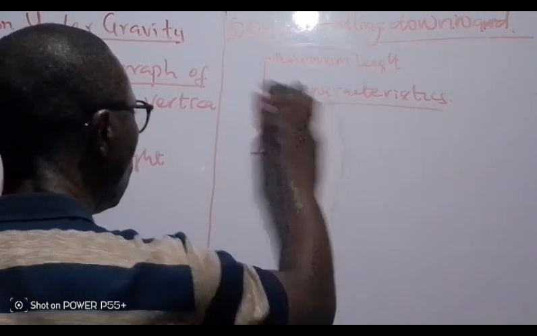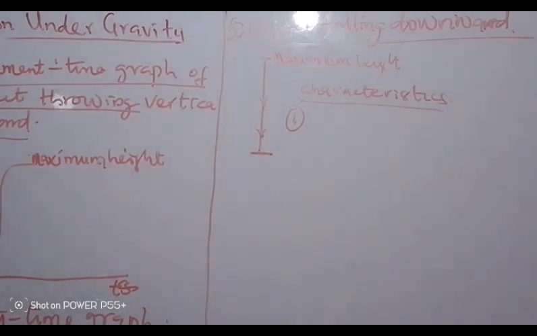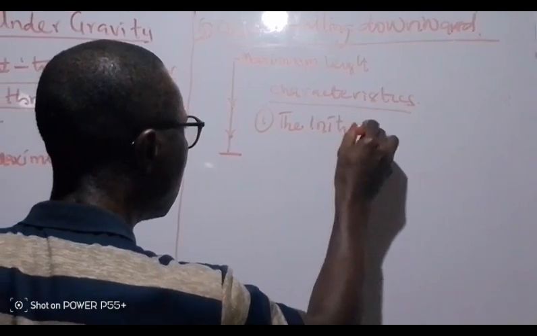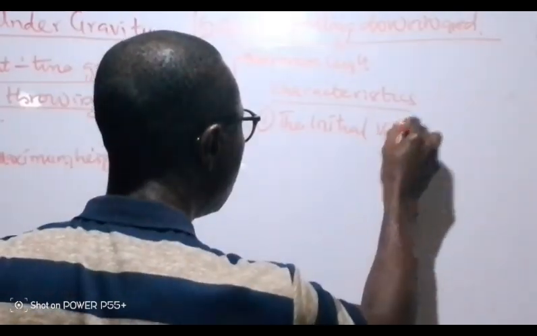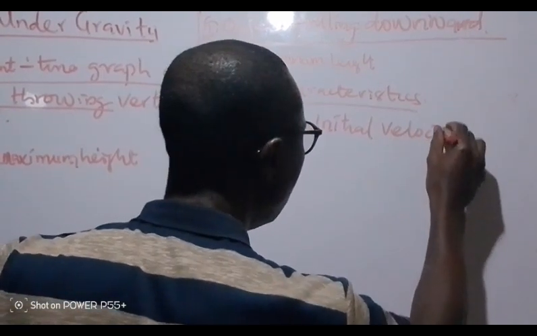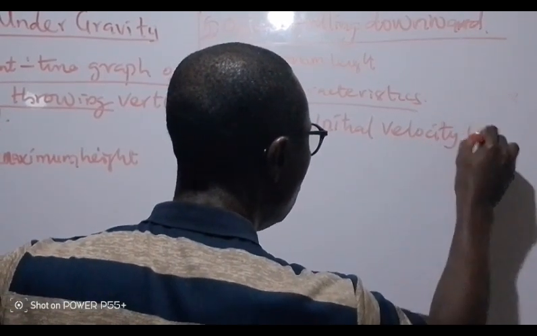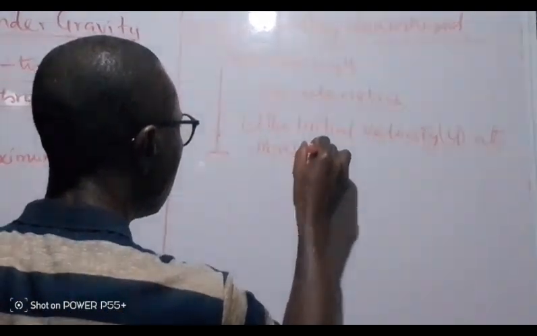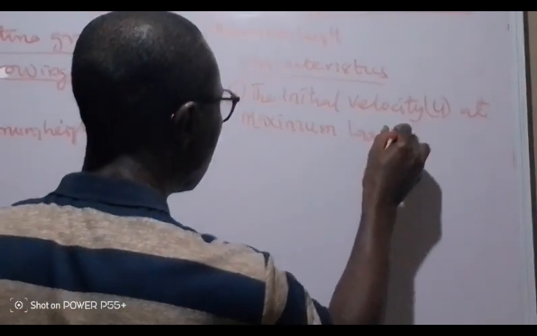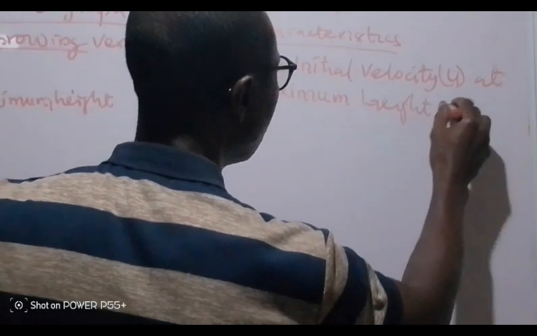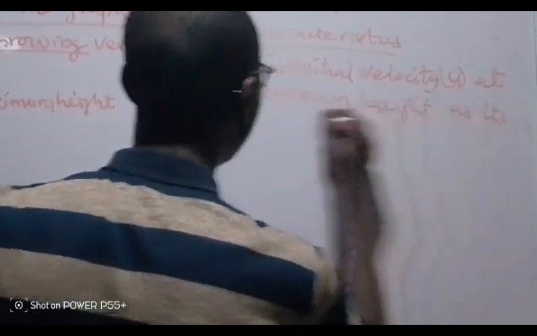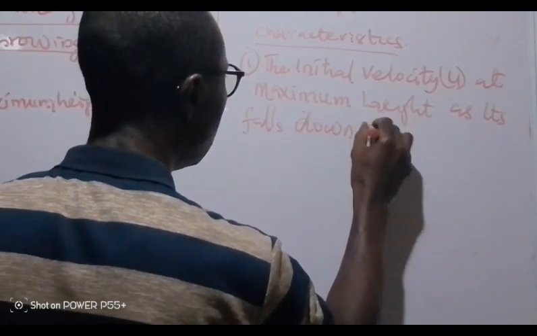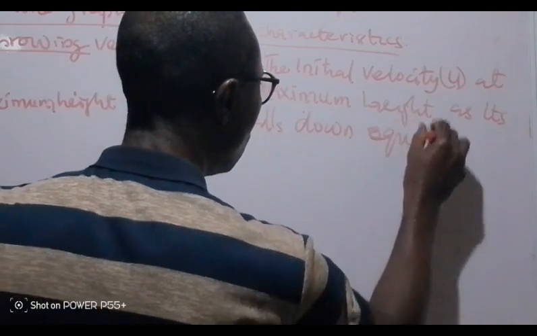Number 1, the initial velocity, U, at maximum height as it falls down is equal to 0.